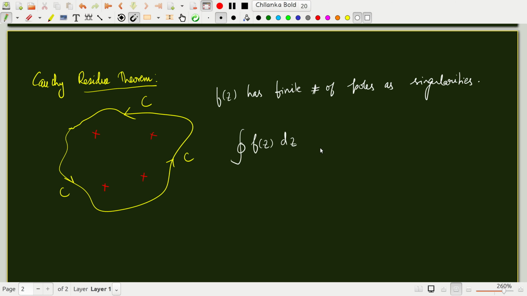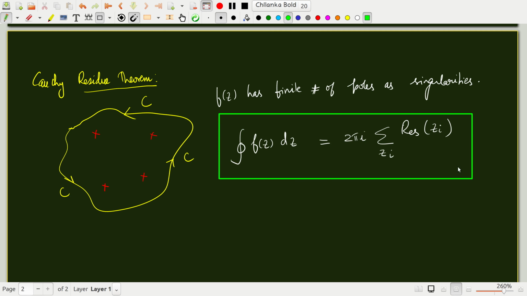Now the residue theorem says that this is nothing but 2 pi i times the sum over all the poles of the residue of the function at all these poles. Okay, this is the residue theorem. I'll of course justify why this makes sense in a minute.